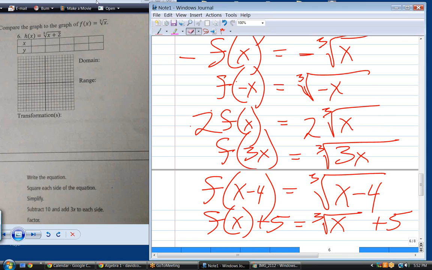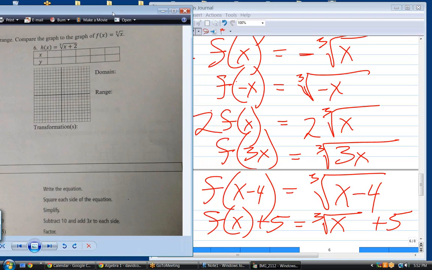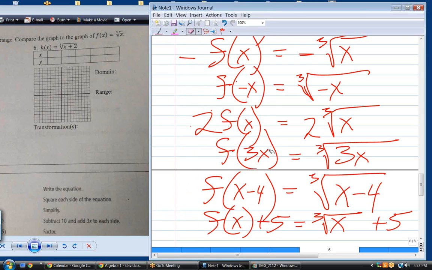All right, so on number 6, just tell me what we're doing to that. There's only one transformation happening. Which does that match on my page here? In terms of the left side, what does that look like?